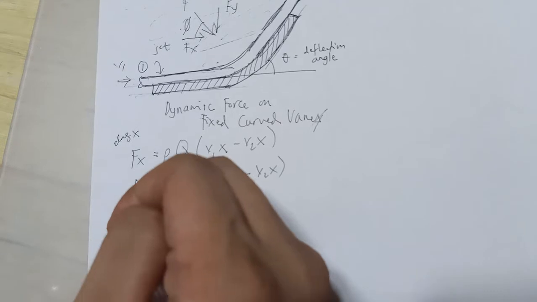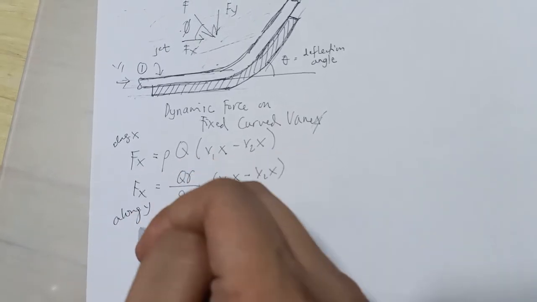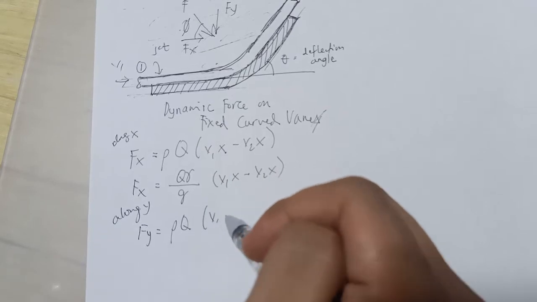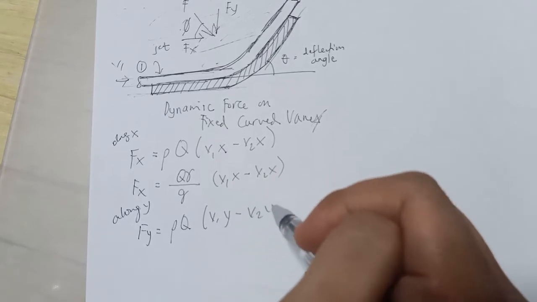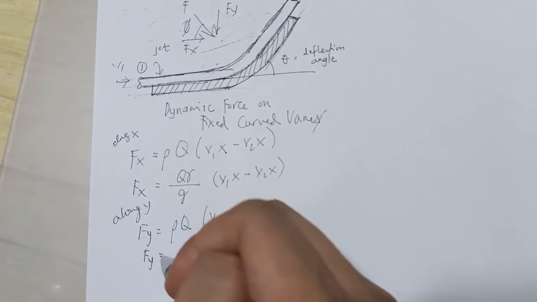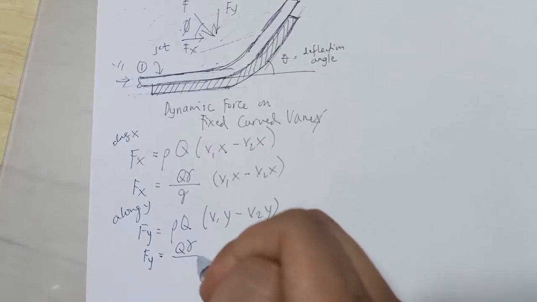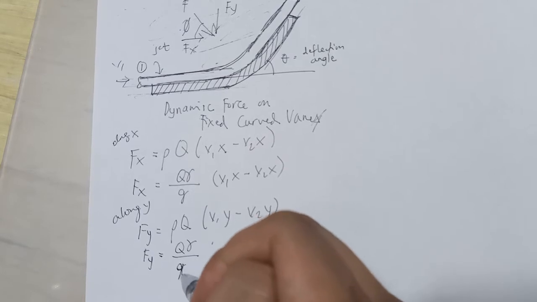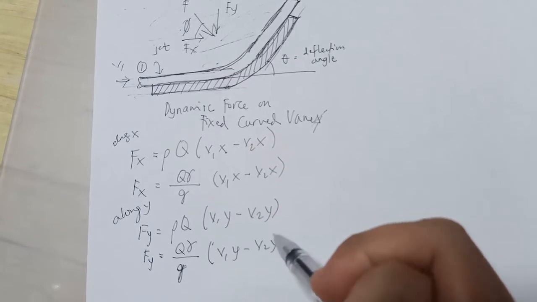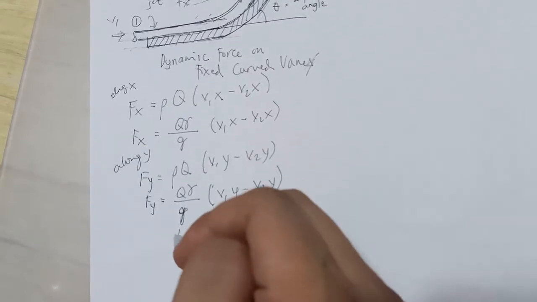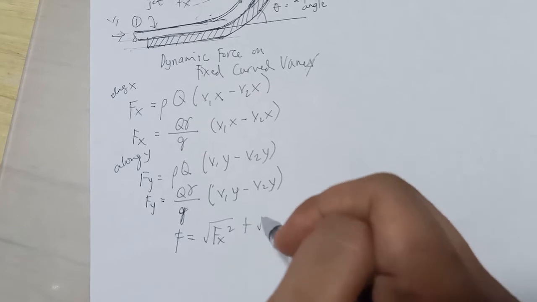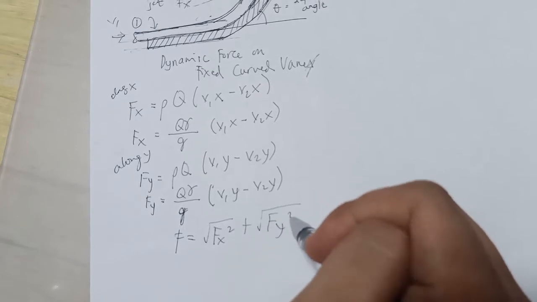So along y, Fy equals rho Q times v sub 1y minus v sub 2y, or Fy equals Q unit weight over g times v sub 1y minus v sub 2y, wherein F equals the square root of Fx squared plus Fy squared.